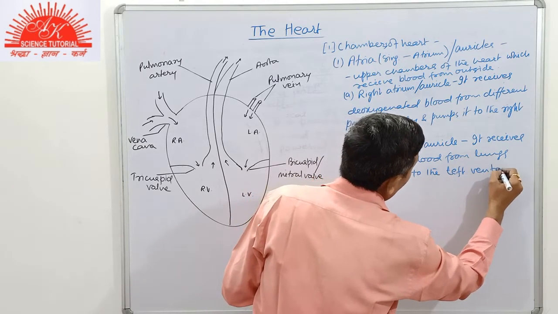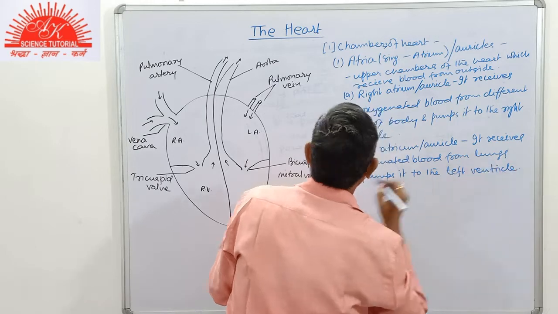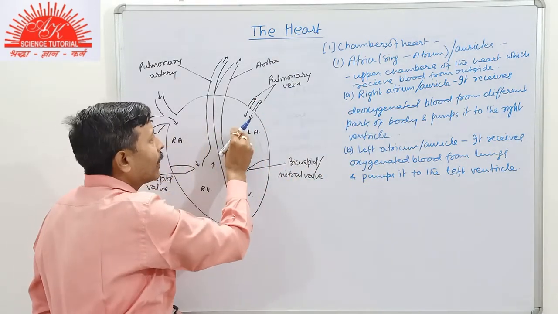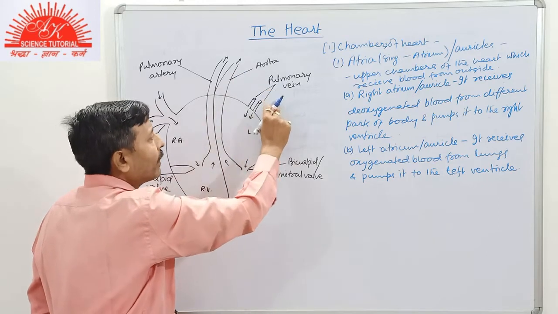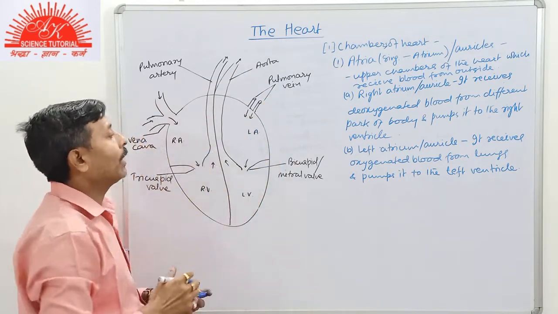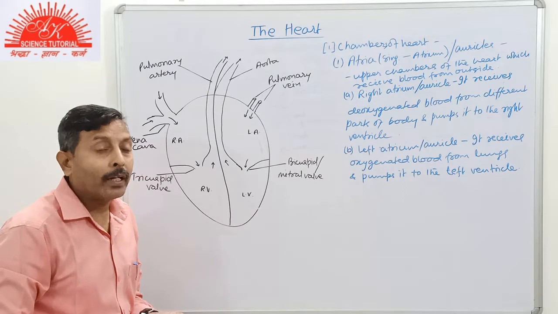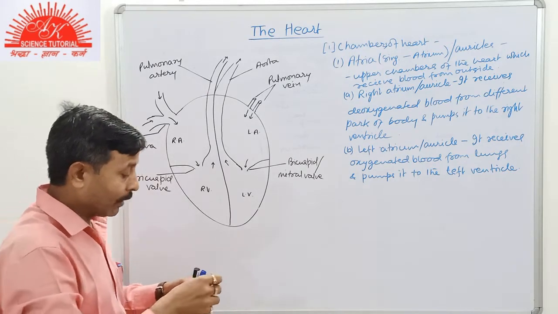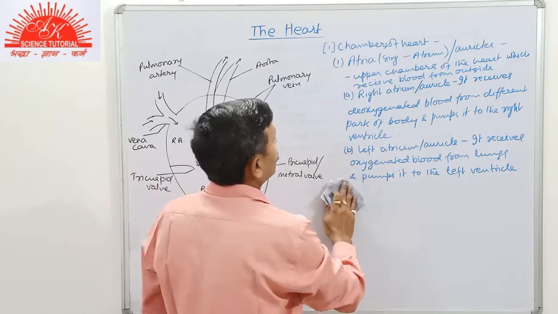So we see here, student, that the left auricle receives oxygenated blood from the two lungs through the pulmonary vein and sends it to the left ventricle, from where it will be passed again to the different parts of the body or tissues.